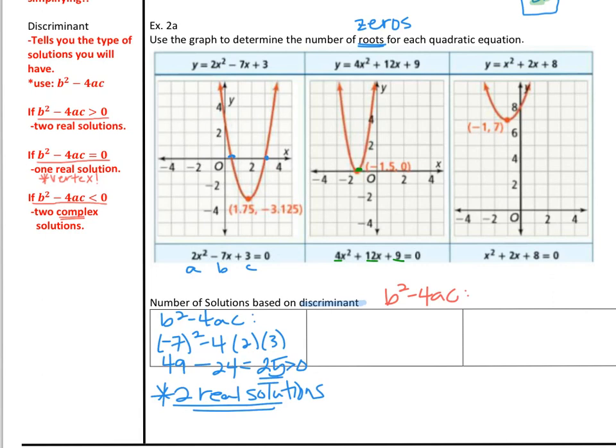If we do b squared minus 4ac, we're going to get 12 squared minus 4 times 4 times 9. 12 squared is 144. 4 times 4 is 16, times 9 is also 144. And we get 0. Since it equals 0, there's only one real solution. And that's what matches the picture.